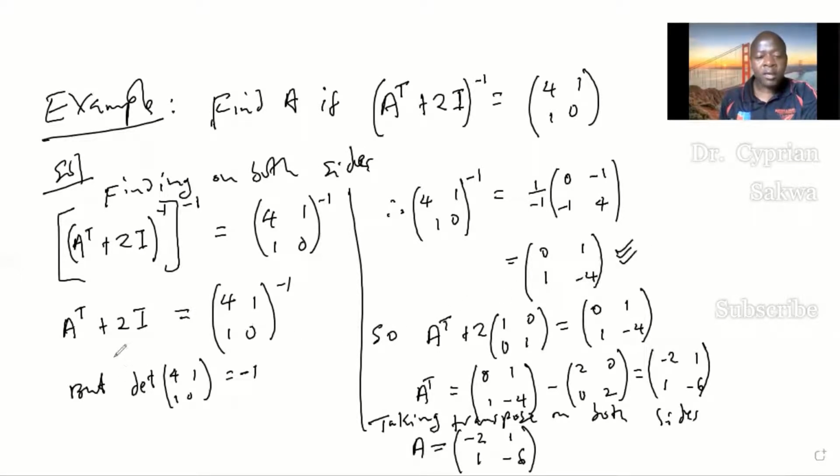Then we come back to the question from this point: A transpose plus 2I, where I is the identity element for a 2 by 2 matrix. Then we make A transpose the subject of the formula, and from there we take the transpose on both sides to get our A. That's how we do this question. And let's look at another example.